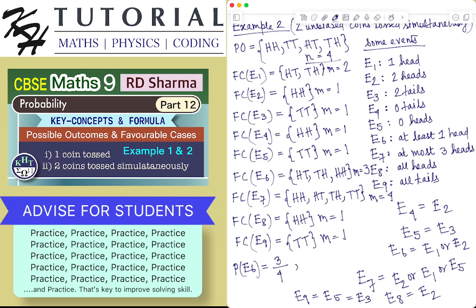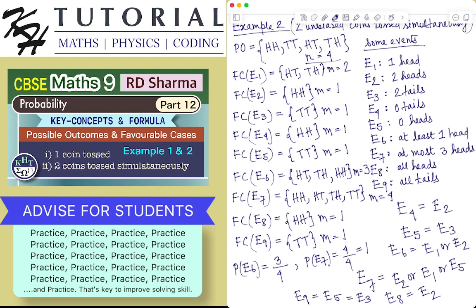Similarly, the probability of event E7 will be the number of favorable cases to event E7. We are having 4 possible outcomes, m is 4, so 4 by n, which is 4. It is 1.